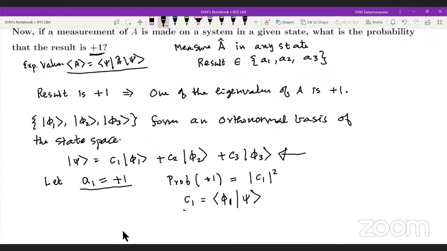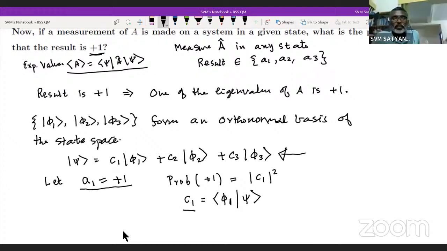So if you can find out C1, then you know what is the probability of plus 1. So to find out C1, what is that we should know? We know psi, that is given. And what we should find out to get C1?